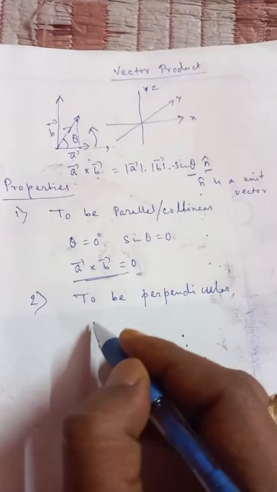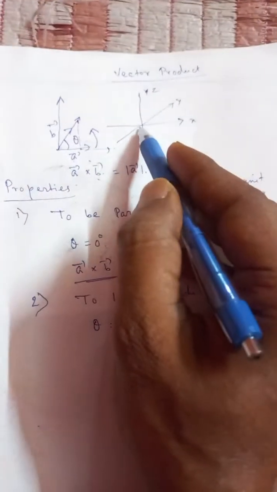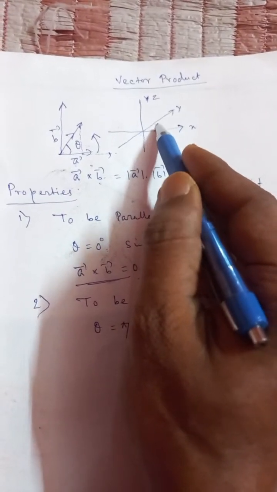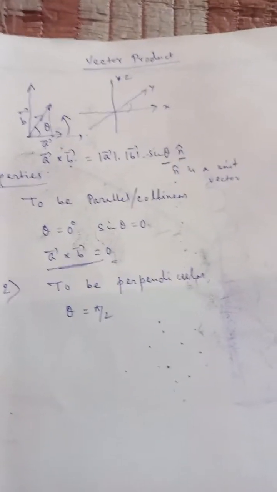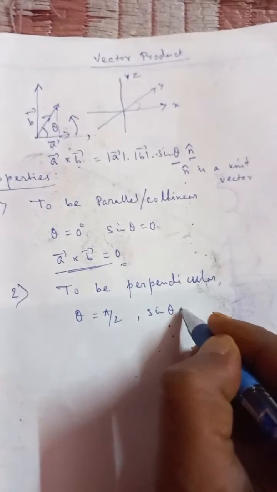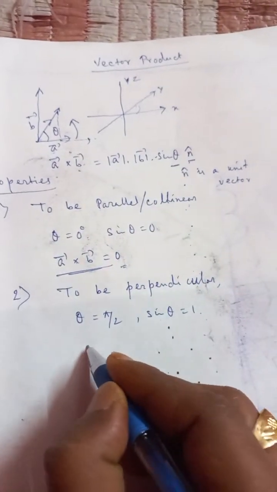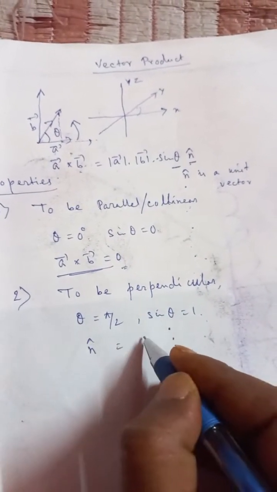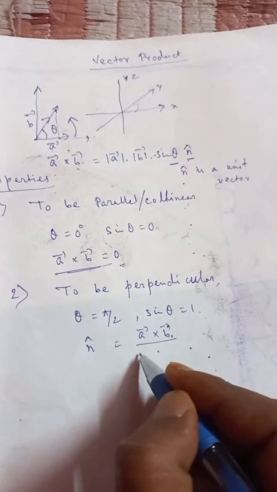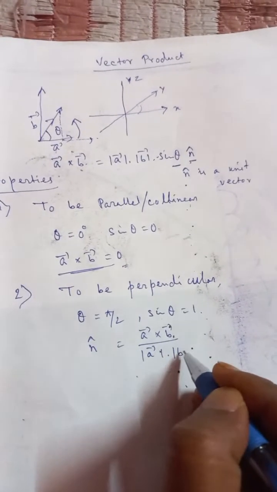we need theta equal to pi by 2. Like if A vector lies along the x-axis and B vector lies along the y-axis, they have an angle pi by 2. So here we have the condition that sine theta must be equal to 1. If we put sine theta equal to 1, then the unit vector n cap will be A vector cross B vector divided by mod of A vector multiplied by mod of B vector.